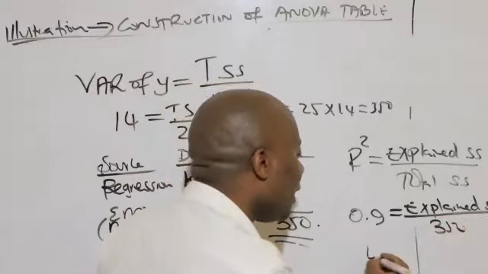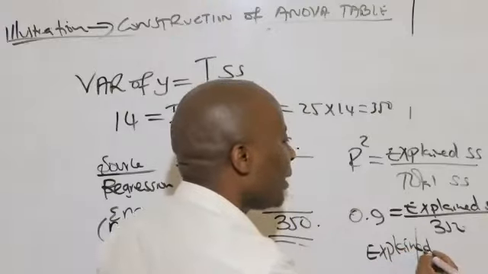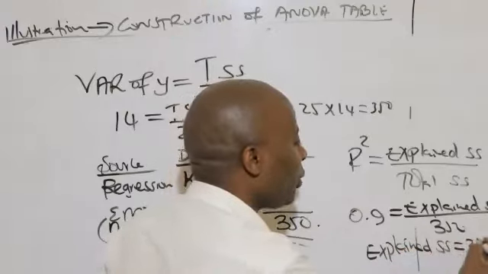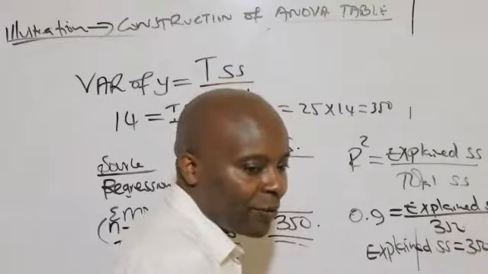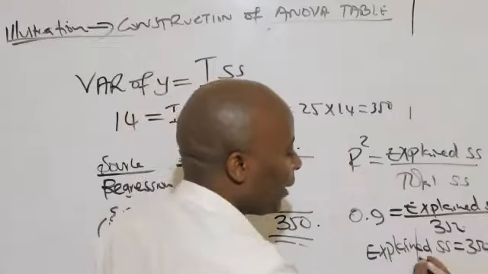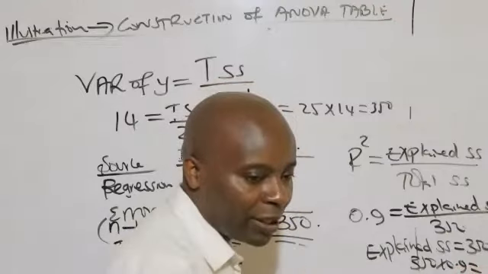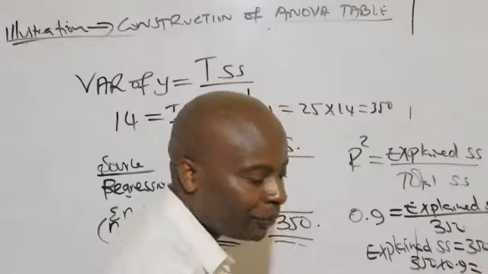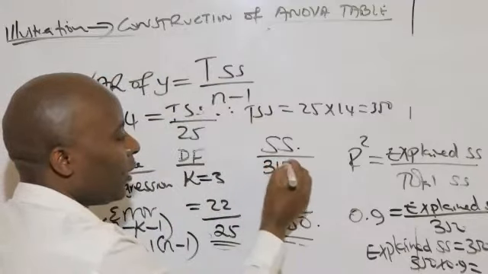Implying that at the end of the day, my explained SS will be 350 times 0.9, which will give us exactly what figure? 315.